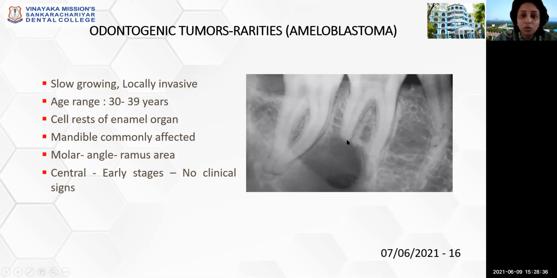Root resorption will be the key feature to identify it as an odontogenic tumor rather than any other pulpal-related periapical radiolucency. This is the commonest ameloblastoma case in the early stage that we cannot miss out, and there will be drifting or tipping of the teeth.